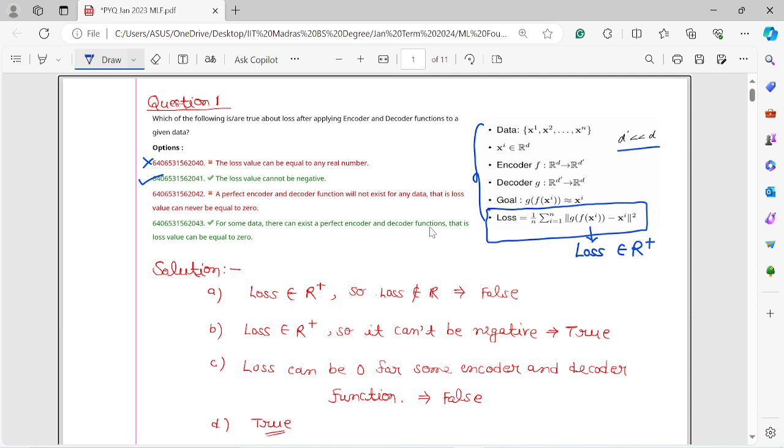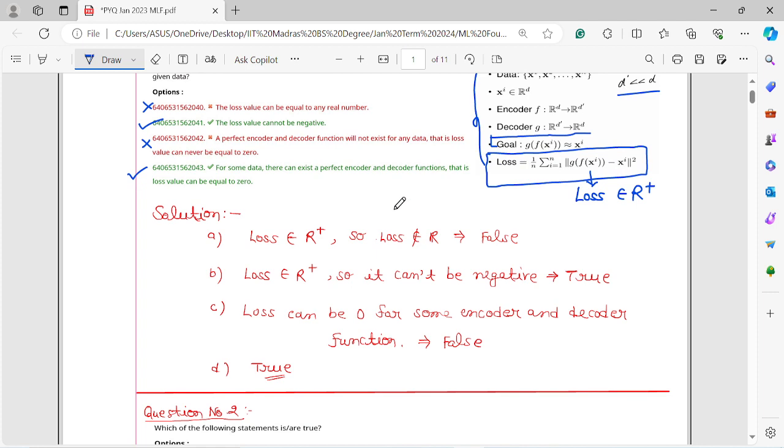There is a possibility that the loss can be equal to 0, because if our output value is approximately equal to the input value, then the loss can be equal to 0. So this is not correct, and for the same reason the fourth option is correct: the loss value can be equal to 0 if we achieve our goal. So the second and fourth options are correct.